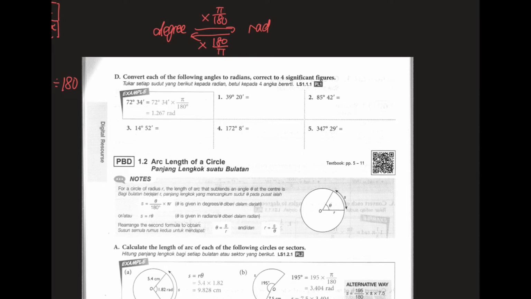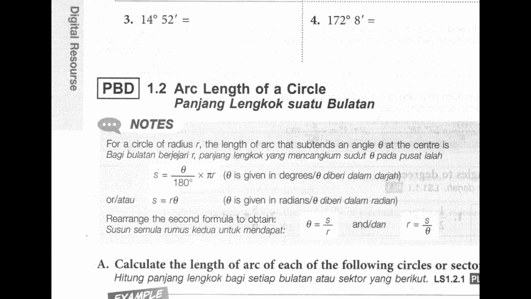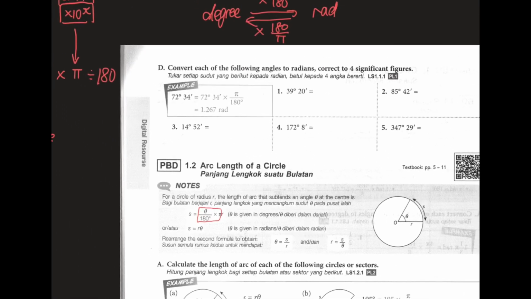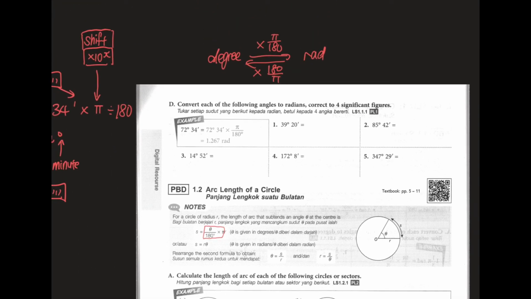So that's why if you see this, they take the angle in degree, multiply with pi, divide by 180. This is to change it to radian, based on the formula that we discussed just now.